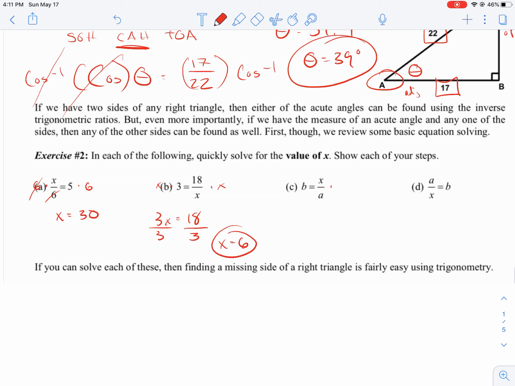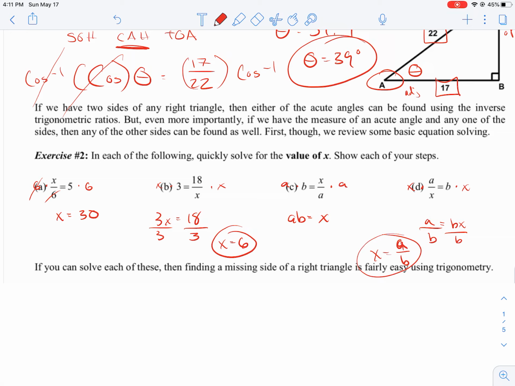We're still solving for x. We multiply both sides by a, so ab is equal to x. Down here, multiply both sides by x first, so we get bx is equal to a, divide by b, and you get x is equal to a over b.